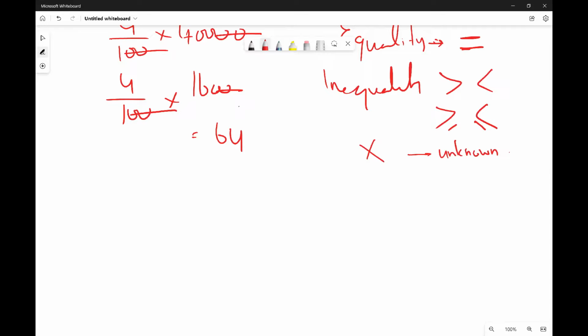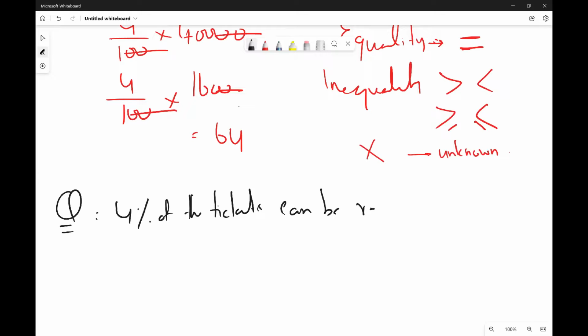Okay, let's look at an example question. The question says, in a lottery, 4% of the tickets printed can be redeemed for prizes. And 4% of those tickets have values in excess of $100.